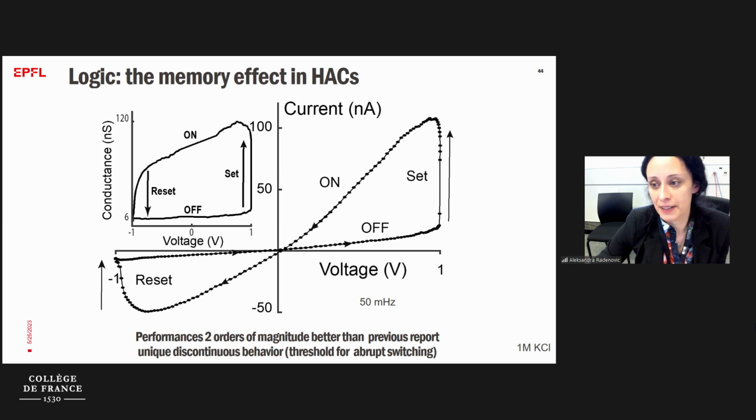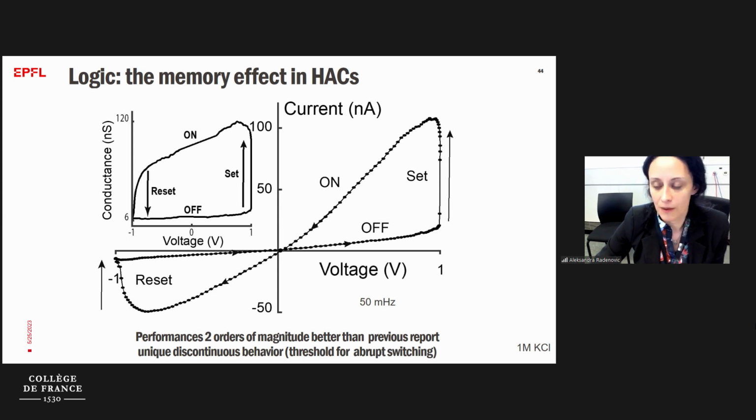Besides exhibiting this memristive performance, we see that when the applied voltage becomes positive, we have an almost linear threshold and an abrupt change in the conductance. So we have really distinct off and on states.